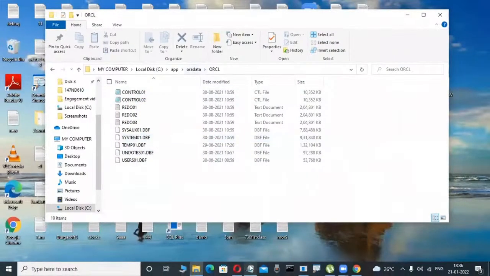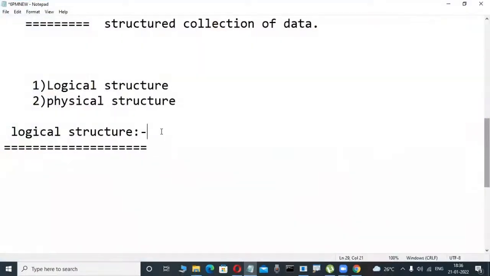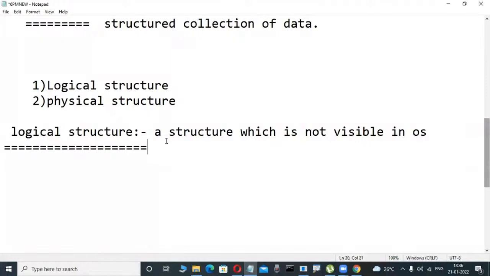So what is a logical structure? Don't write it: a structure which is not visible in the operating system is called the logical structure of the database.